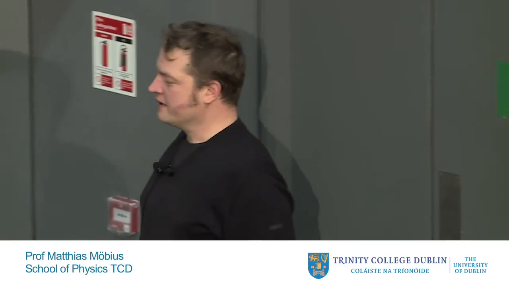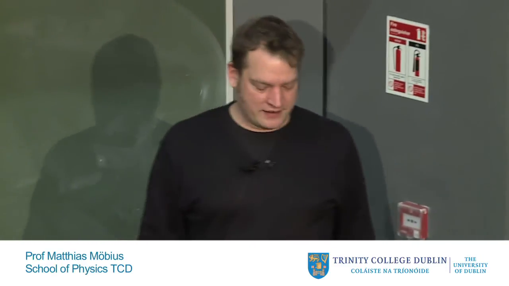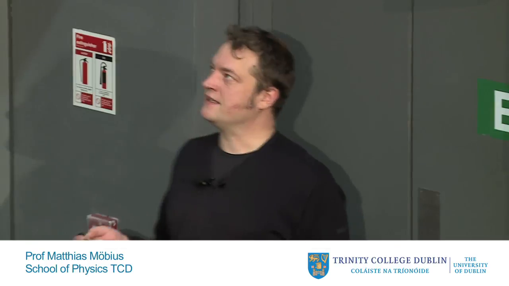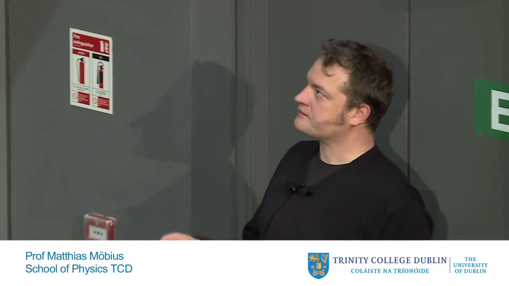Yeah? So this brings me to the end of my talk. I just want to say a few words about physics at Trinity College. So the School of Physics has 4 different physics degrees. One is the normal physics degree. Then there's physics and astrophysics, and both can be entered through the science course.